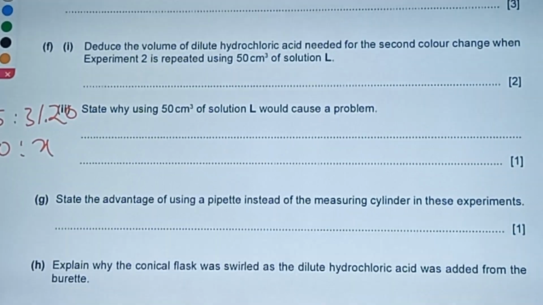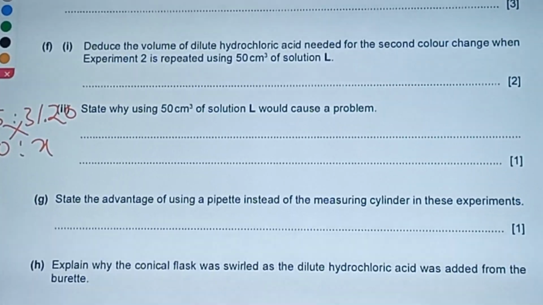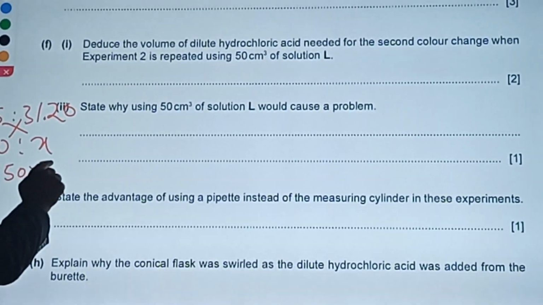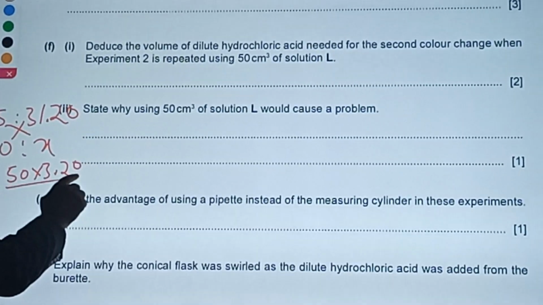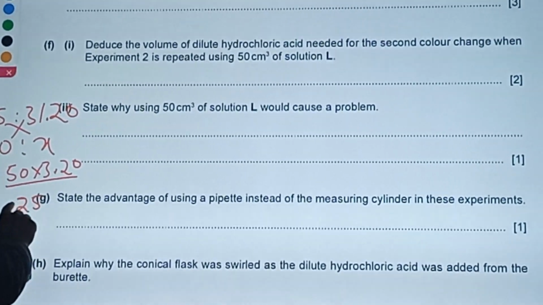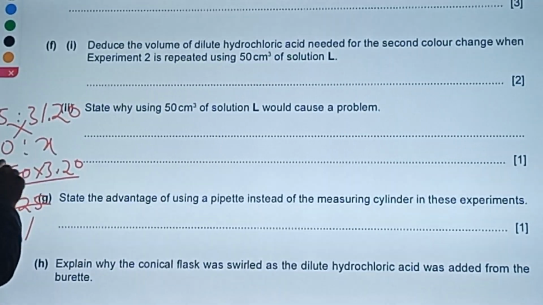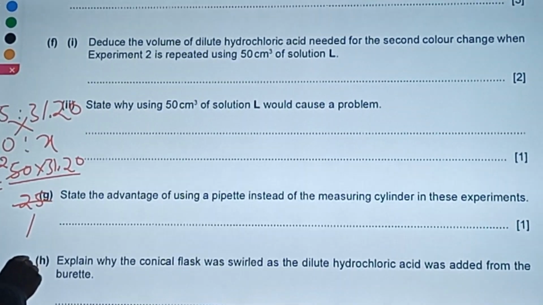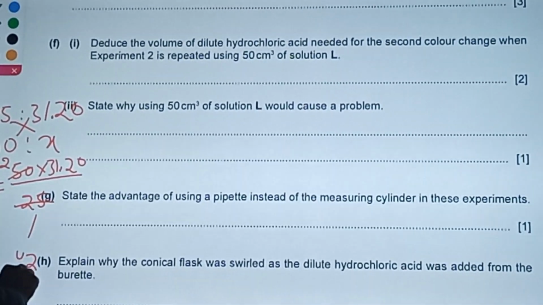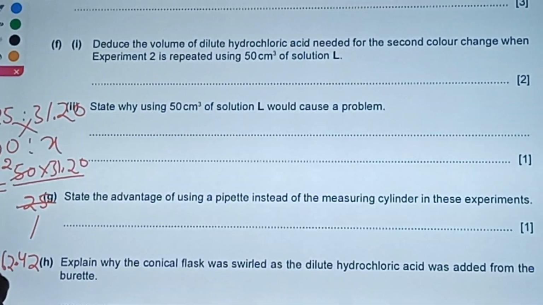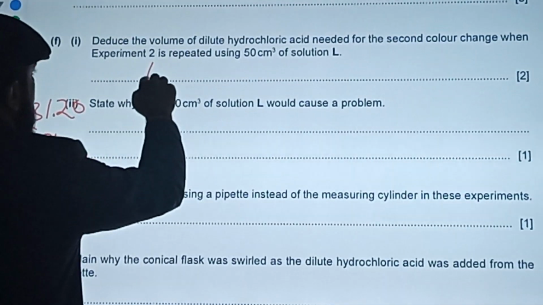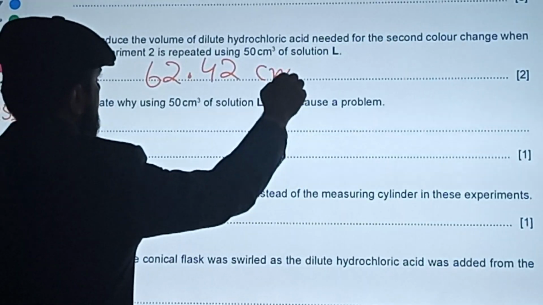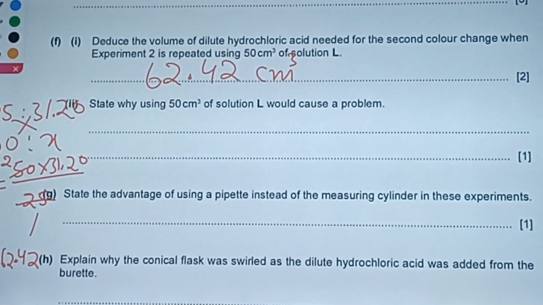It will be double. So you have to make cross multiplication. Then x will be equal to 50 times 31.20 divided by 25. You can see 25 times 2 is 50, so just multiply it and take it as a double. So it will be 62.42 centimeter cube of the volume should be used.